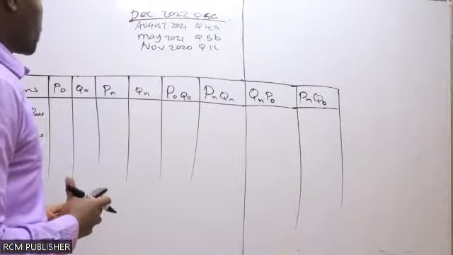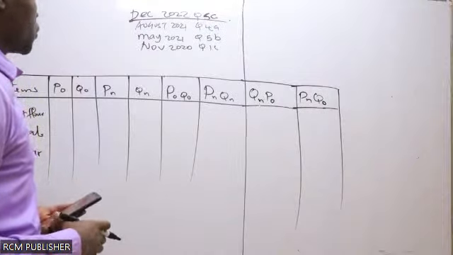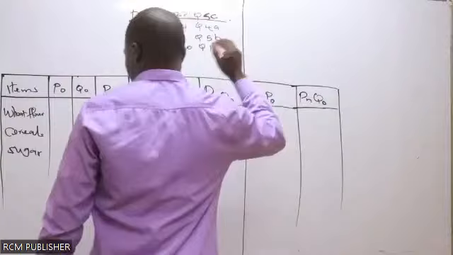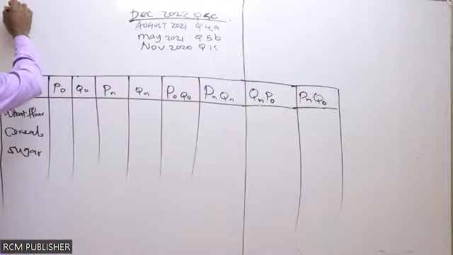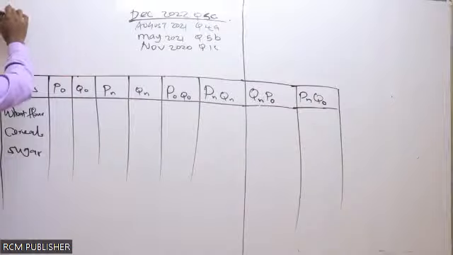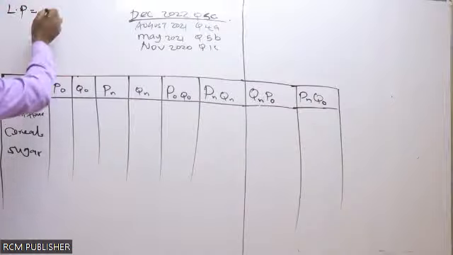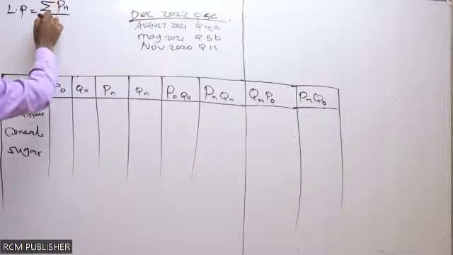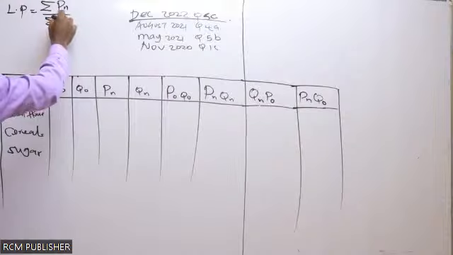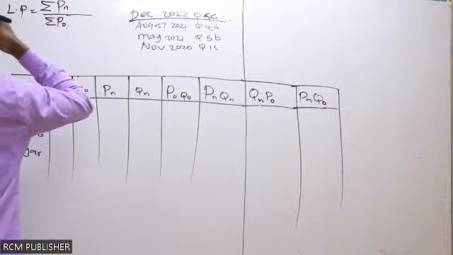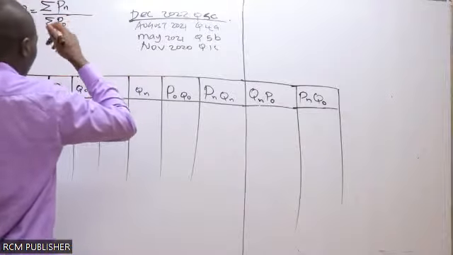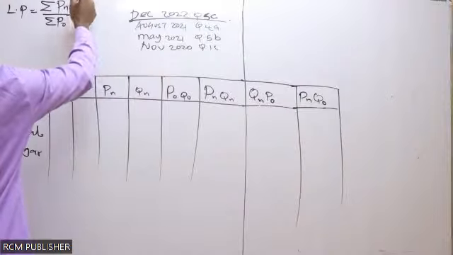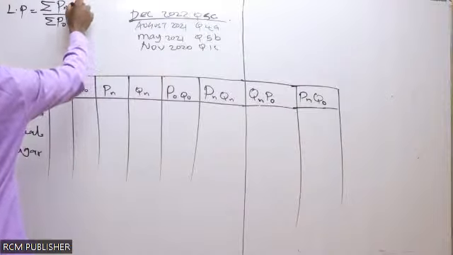So how are we going to work out these ones? For the price index, remember, using Laspeyres formula, we said it is the summation of the current price over summation of the previous price. But then we have been told that using Laspeyres formula, the base year becomes the weight. So that weight can be replaced with the base year quantities, QO.